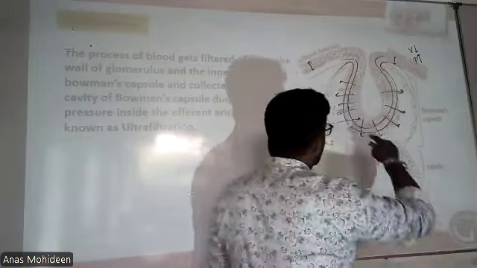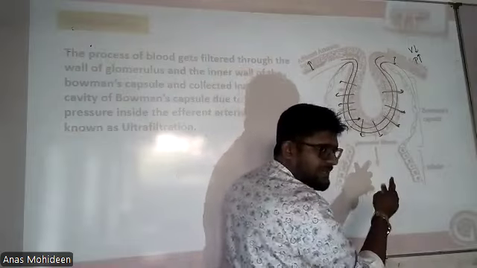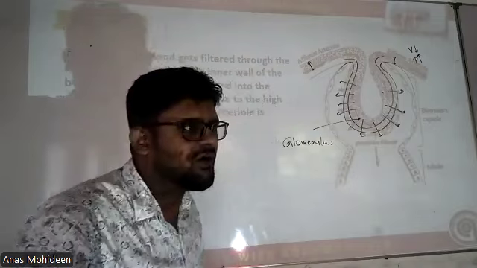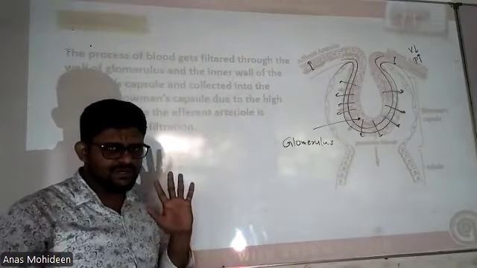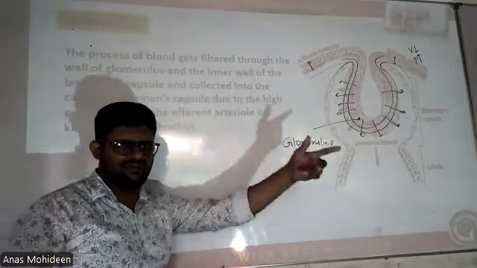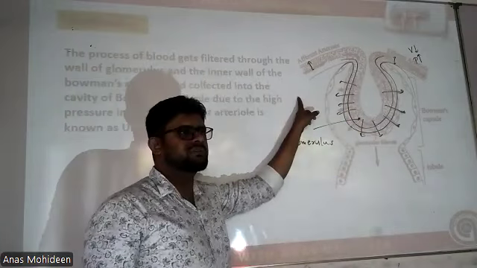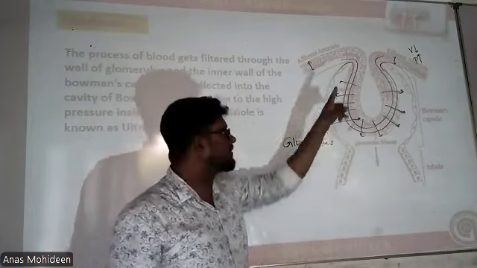What are the two walls? One is the wall of the blood capillary and the other is the inner wall of Bowman's capsule. So again, blood gets filtered from the glomerular network into the cavity of Bowman's capsule.